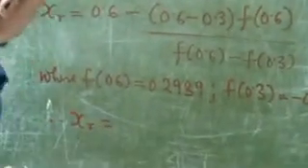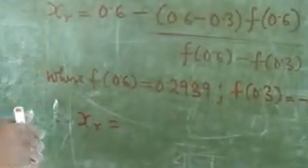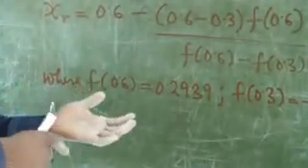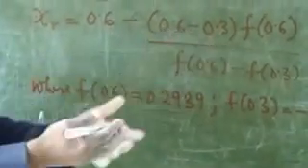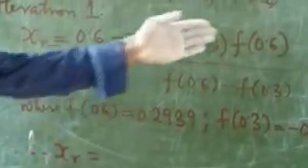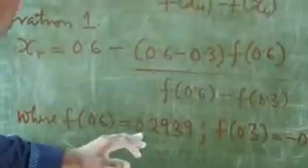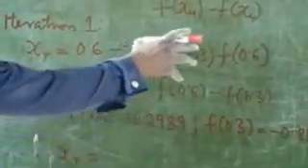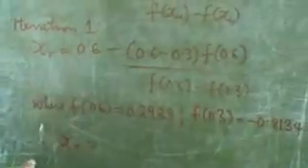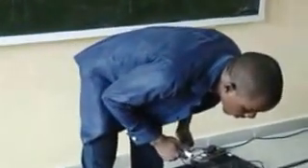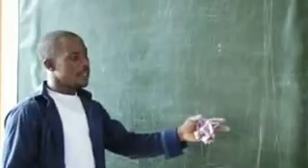If you do this, I believe you can do that. Use your punch. 0.6 minus 0.3, of course, you have 0.3 times this value divided by this minus this, then whatever you have, subtract from 0.6. From my calculation, if you do what I have done, you'll get XR to be 0.5204.